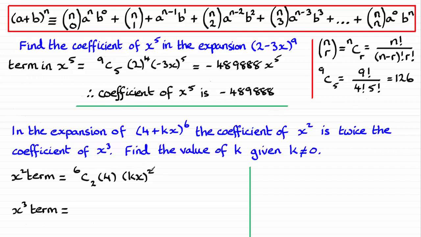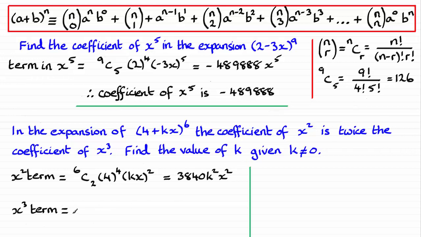Well, remember the sum of these two powers equals n here, so it's got to be 4 to the power 4. Well, if you do on your calculator 6C2 or do it manually via this formula here, you should find it comes to 15. 4 to the power 4 is 256, and if you multiply that with k squared x squared, then you end up with 3,840 k squared x squared.